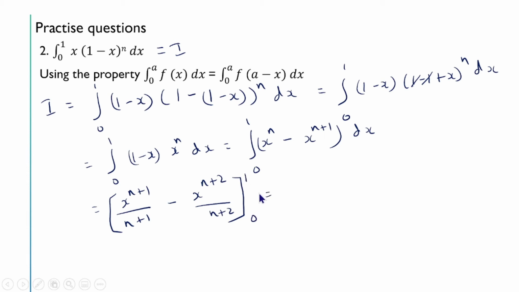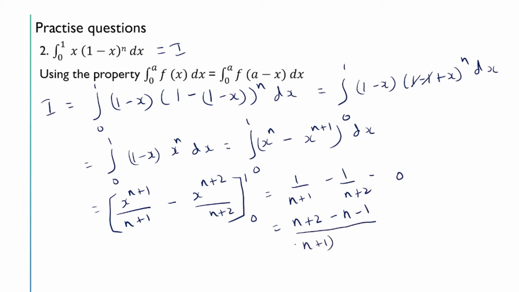Now substituting the upper limit, we get 1 by n plus 1 minus 1 by n plus 2. Then substituting the lower limit, it is 0 minus 0, so it is 0. So taking the LCM as (n plus 1) into (n plus 2), the numerator we get n plus 2 minus n minus 1 divided by (n plus 1) into (n plus 2).